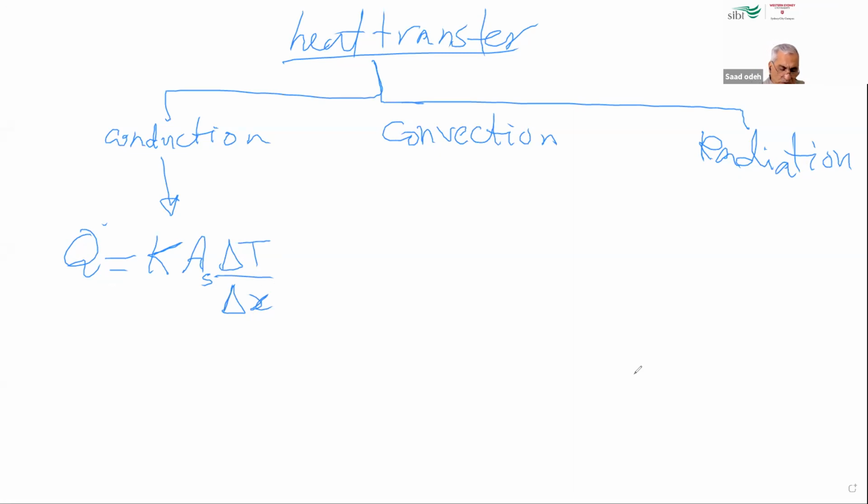This is straightforward. The other option is delta T divided by R.